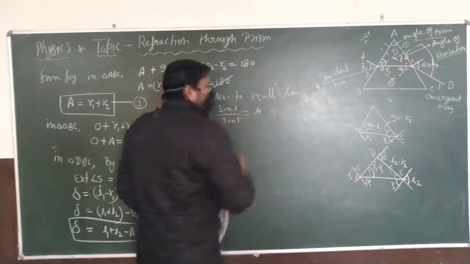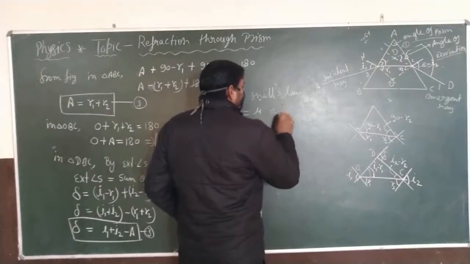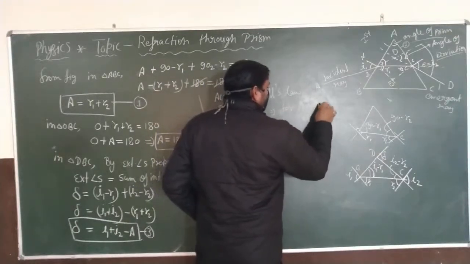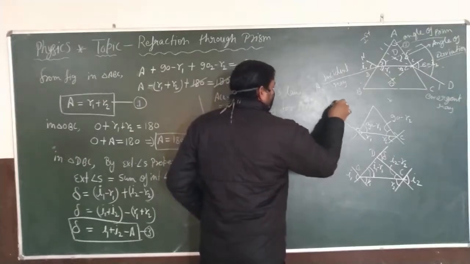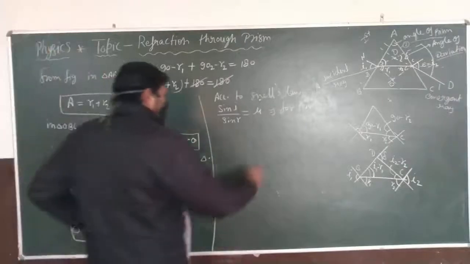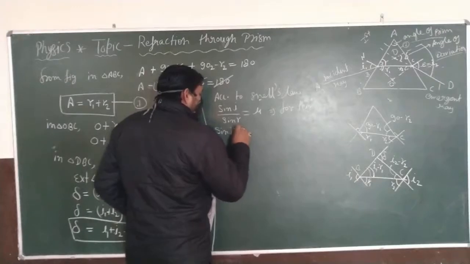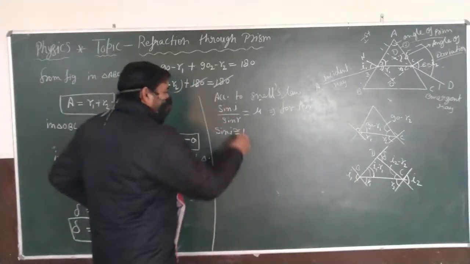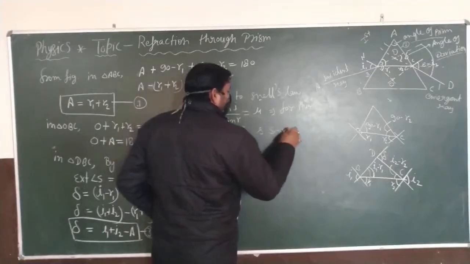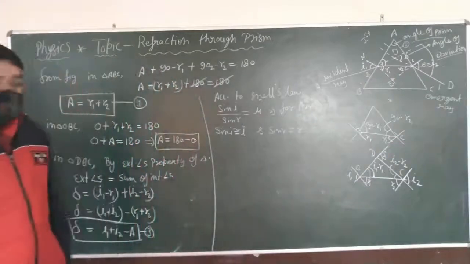Here we are also using, for a thin prism, if the prism is very small or thin, sin I is nearly equal to angle I and sin R is nearly equal to R. Clear?